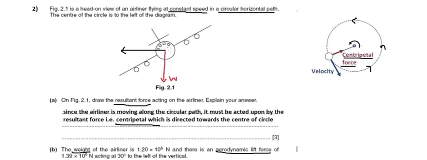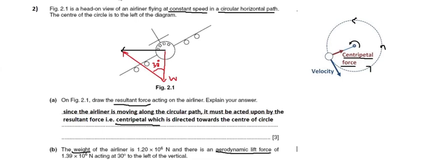This is the line of the weight, in the downward direction, but the lift is acting upwards, with a 30 degree angle to the left of the vertical. So this vector is showing you the aerodynamic lift, and this vector is showing you the weight.